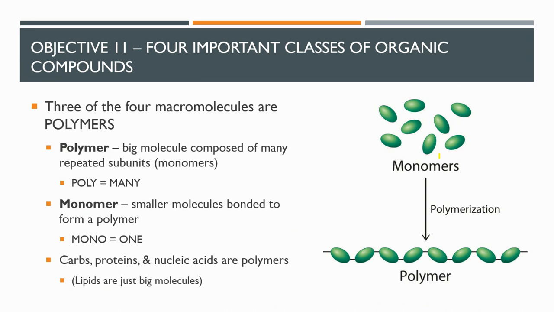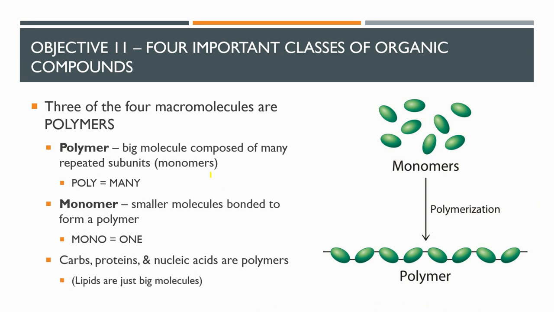Now, each one of them is going to have a specific structure, and something to know, which will be seen all throughout anatomy and physiology, is that structure determines function. So as we go through the different macromolecules, we're going to look at how they're built, but we're also going to look at what they do. Their structure is always directly related to their function.